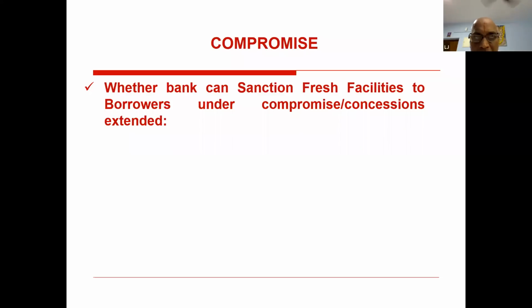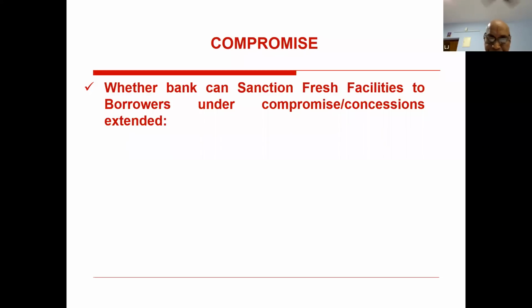There are three types of loans to a borrower for whom OTS is settled. Always keep in mind, only if they are non-willful defaulters can you give another loan. Again, I repeat, loans can be sanctioned to an OTS settled borrower also, provided he is a non-willful defaulter. Three types of loans can be given to them.